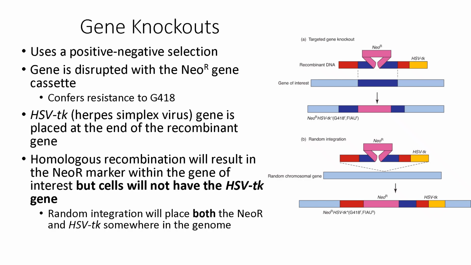The process of creating a gene knockout often involves positive-negative selection. The gene of interest is interrupted with a NEO cassette, which provides resistance to the antibiotic G418. Additionally, the construct contains the HSV-TK gene, a negative selection marker. If homologous recombination occurs correctly, only the NEOR gene is integrated, and the HSV-TK gene is excluded.